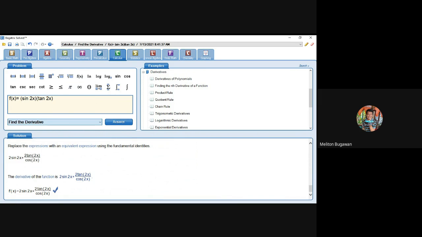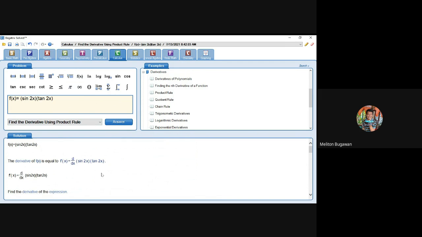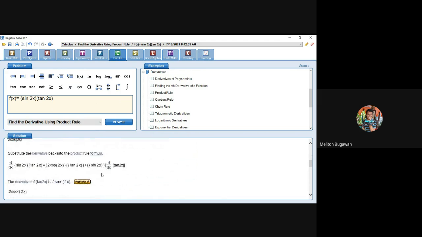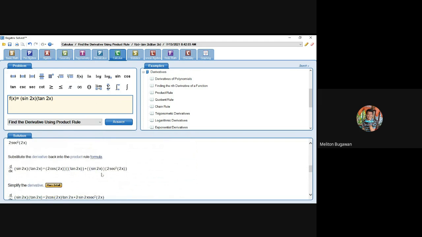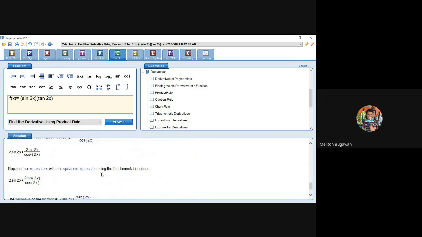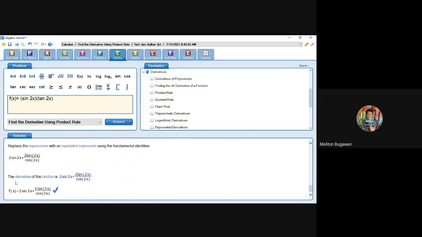If we find the derivative using the product rule, let's try to find out. So this is the details of the solution given by the software, the feedback. Still, this is your answer.